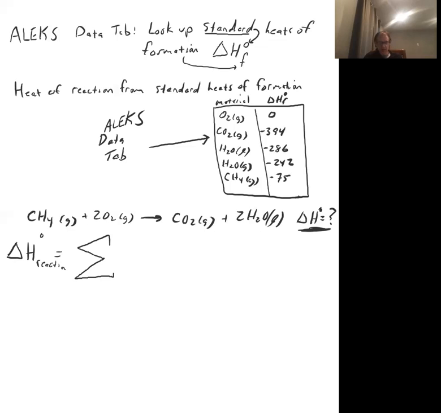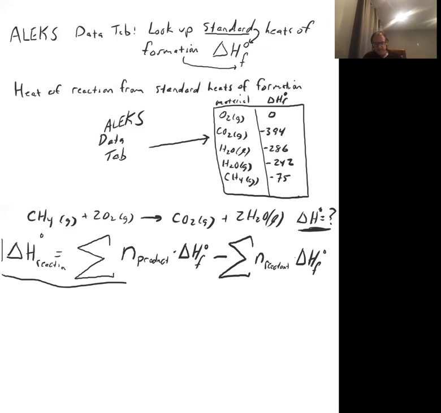The sum of the number of moles of a product times the standard enthalpy of formation of that product minus the sum of the number of moles of a reactant times the standard heat of formation of that reactant. So the formula looks a little scary perhaps, but it's really easy to use.